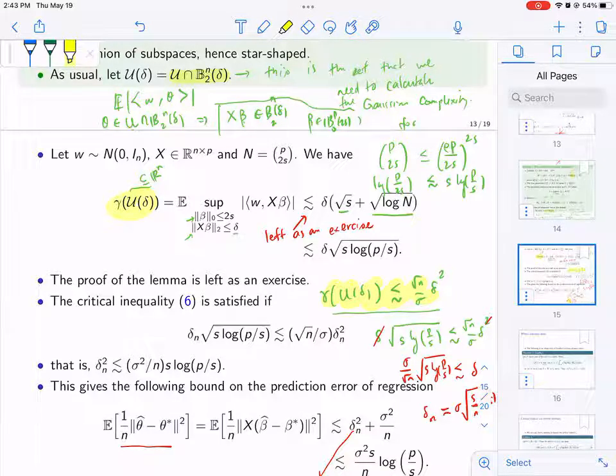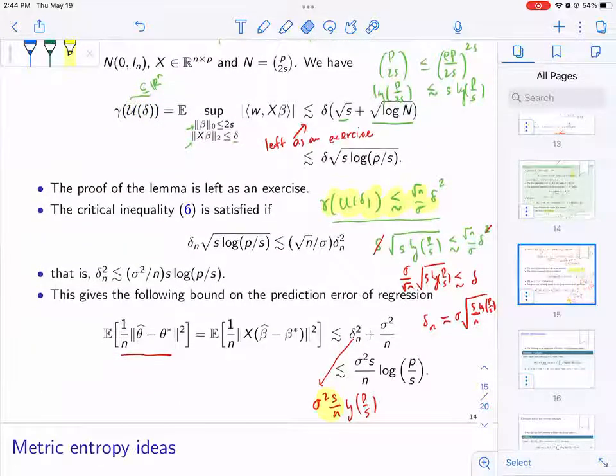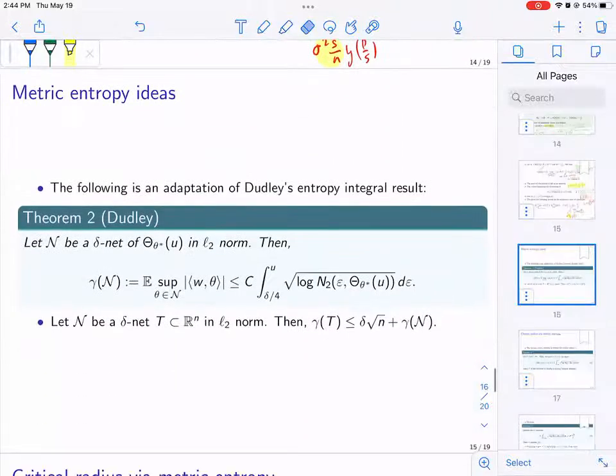You can try to calculate this directly, but a very useful result is something called Dudley's integral, which connects the metric entropy to the Gaussian complexity. If I can translate metric entropy bounds, which are covering number bounds, to bounds on the Gaussian complexity, then I can use a lot of the approximation theory literature at my disposal to attack this problem. So that's the next idea I want to talk about.